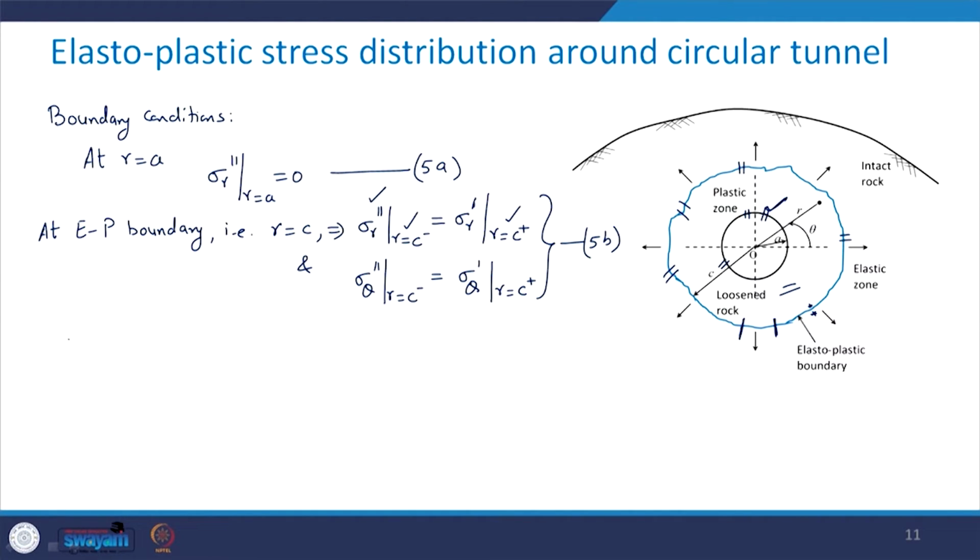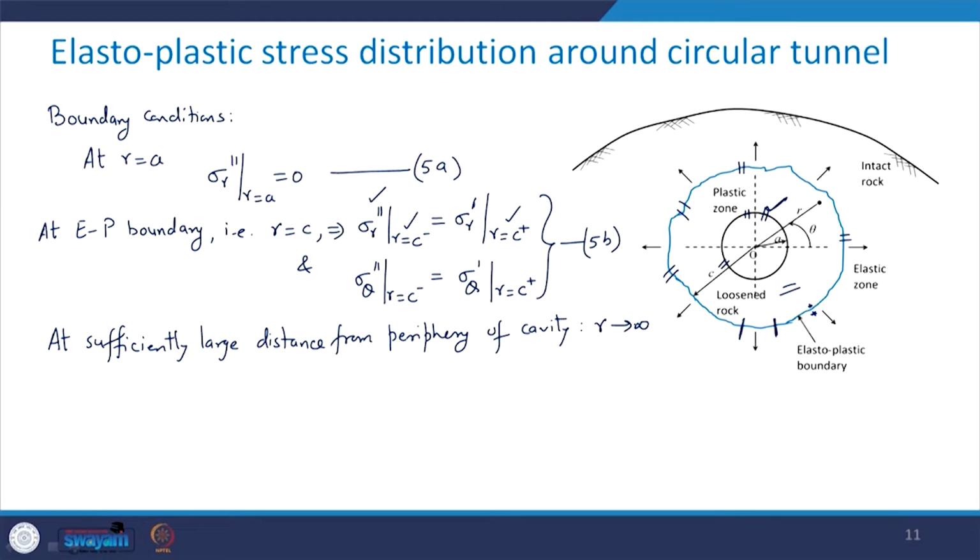Now, the next boundary condition is that at a sufficiently large distance from the periphery of the cavity, what will happen? What does this mean? That r is tending to infinity.